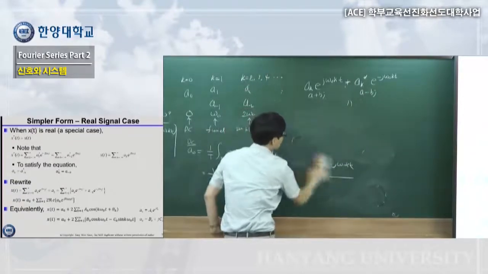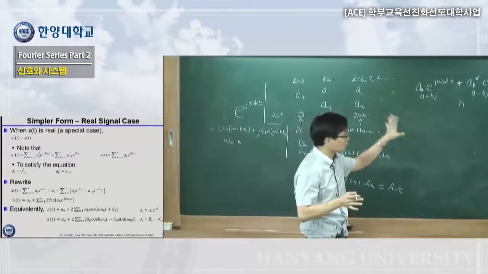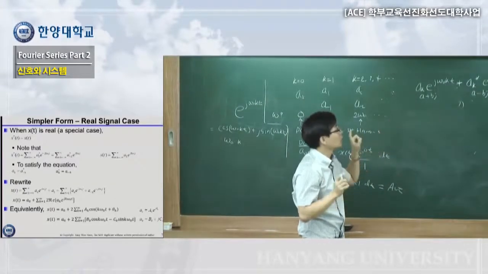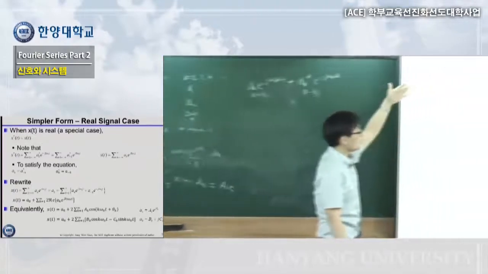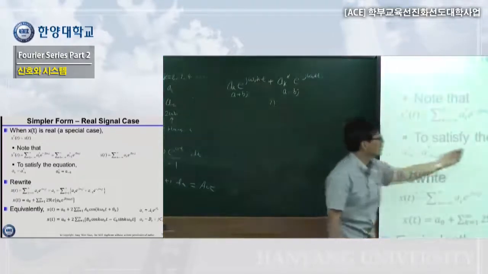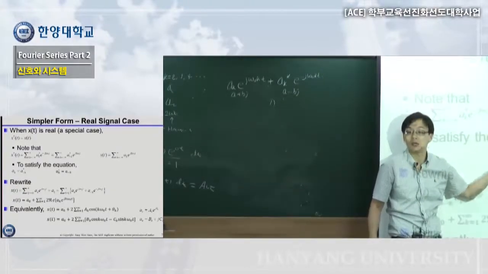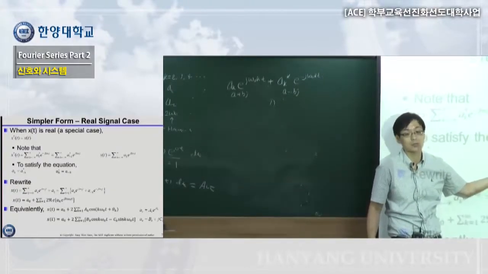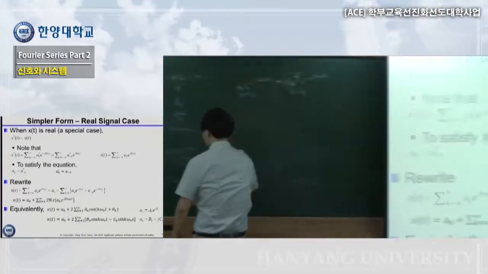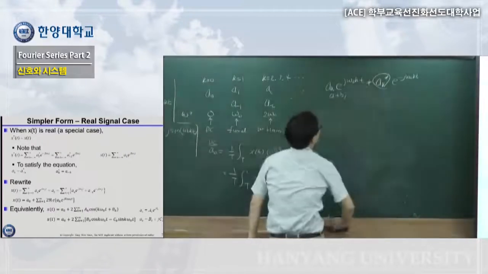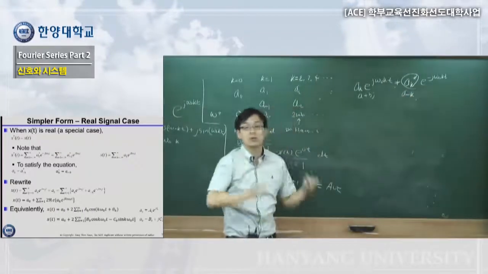This is our assumption. And in the special case when x is real, we derive that actually ak star equals a minus k, only in the real case. If it's complex, we cannot do it. So we can switch this one to a minus k, in the real case only.